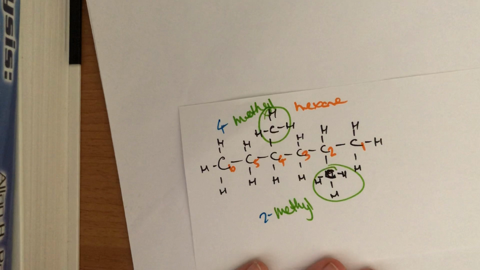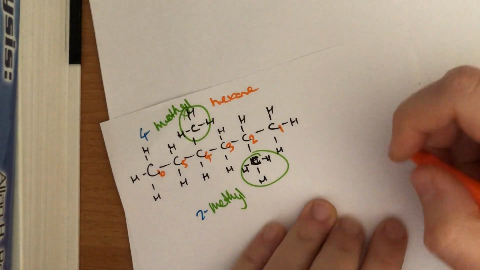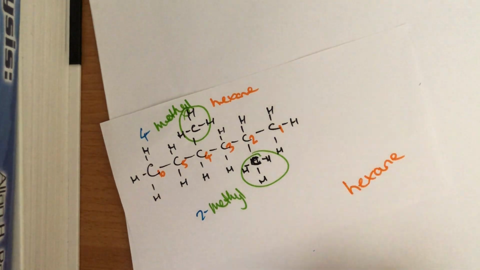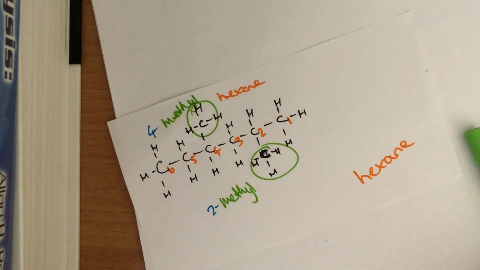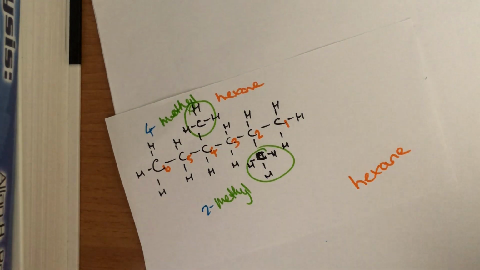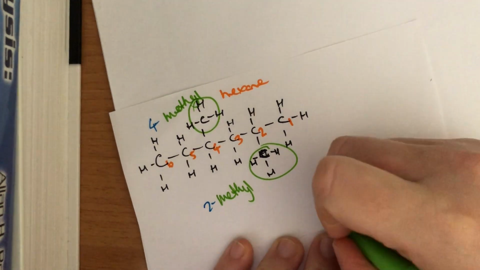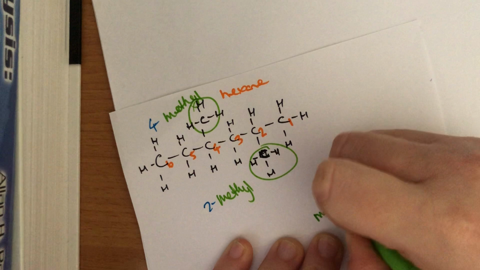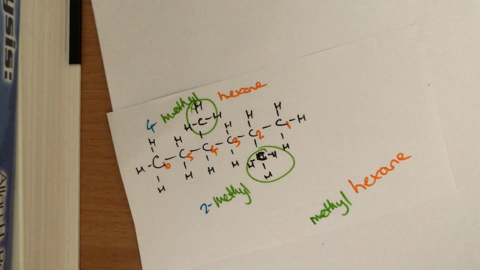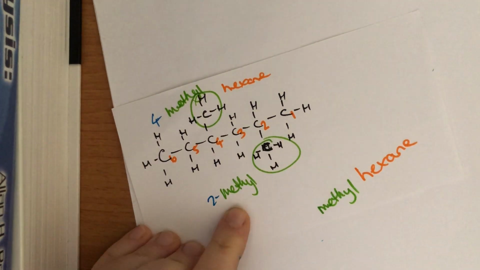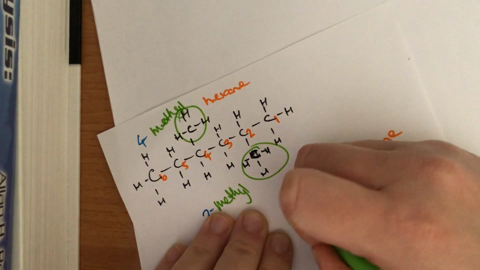So now we can put all these things together. We always start with our basic carbon structure, which is hexane. And then we have 2 methyl groups, so we can add methyl. Because we have 2 methyl groups, which are the same group, we put the word di in front.